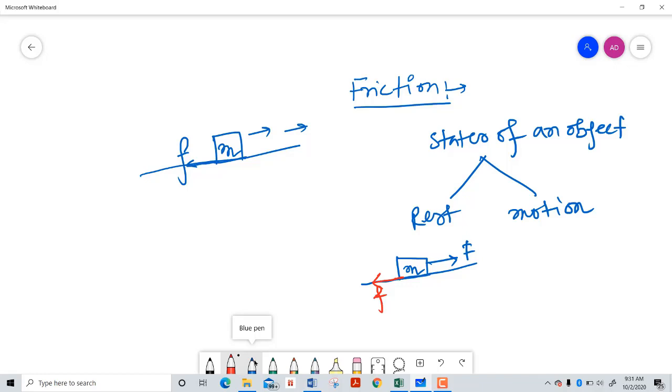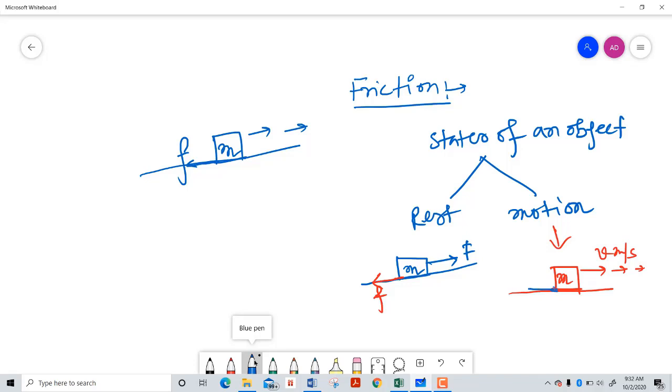Now what is the case in motion? Suppose the object is moving with a velocity of v in this way. At the time of moving, the friction is present over here like that.